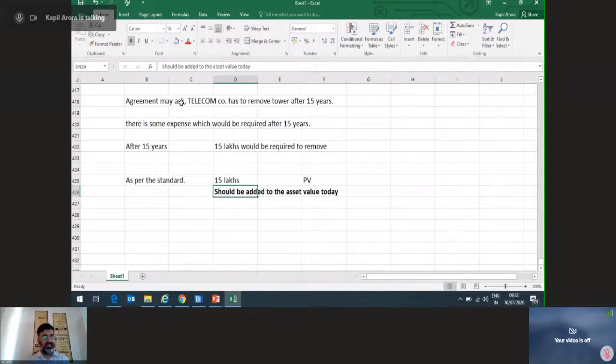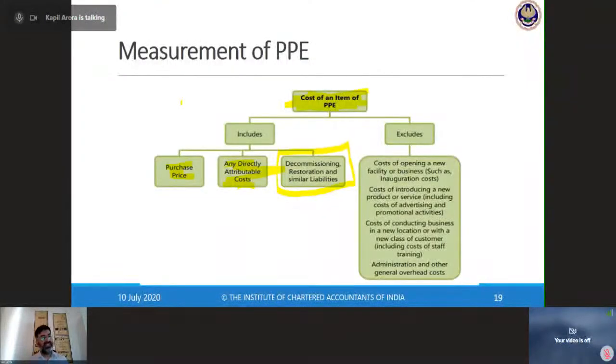I hope everybody is clear with the concept of decommissioning. So we will be discussing decommissioning in detail tomorrow, right? So purchase price, any directly attributable expenses plus decommissioning cost will become cost, right? So we are closing the session now. We'll continue from here tomorrow.